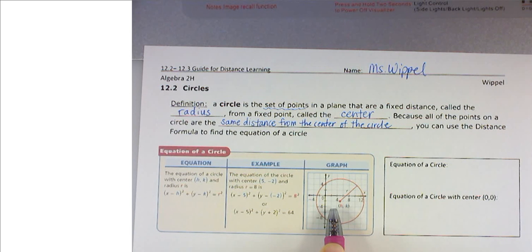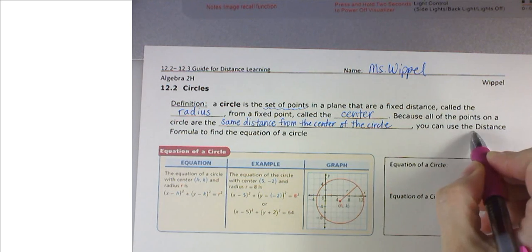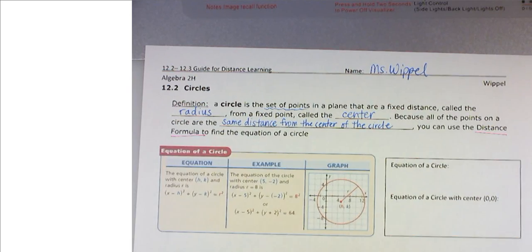Because all of the points on the circle are the same distance, because remember we can draw the radius anywhere from the center to the edge, what you can do is use the distance formula to find the equation of a circle. So this formula does come from the distance formula.